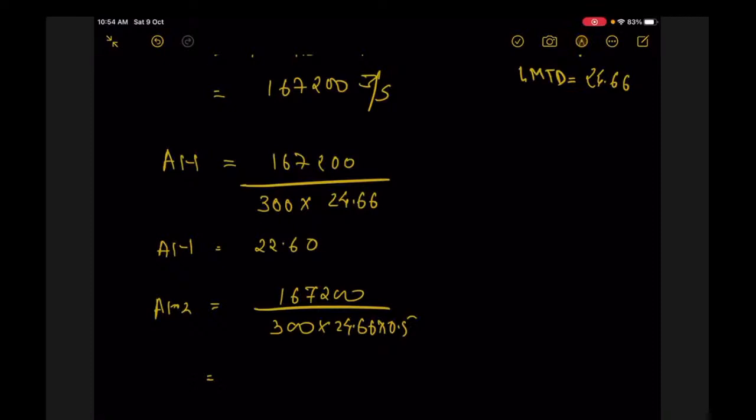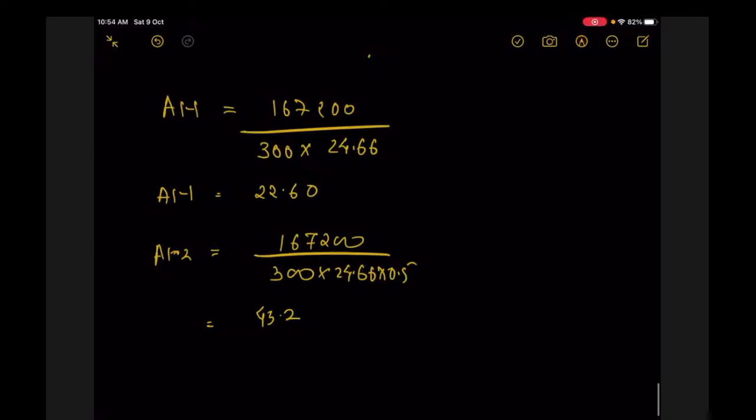How much is it coming? Calculate. So it is 45.2.